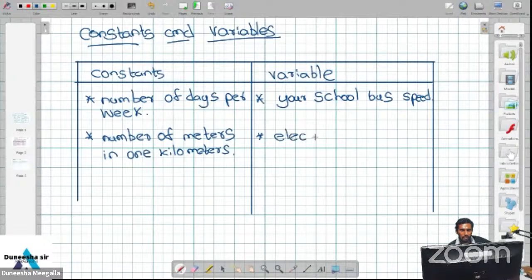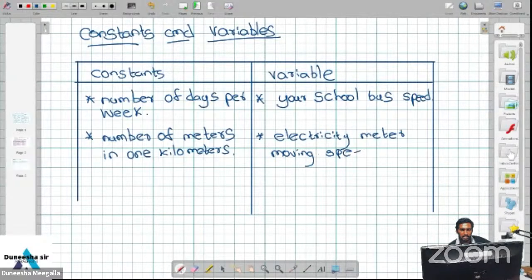Do you know your home has an electricity meter? ඔයාලා electricity meter එකක් තියනවා නේද ගෙදර? හරි? Moving speed.